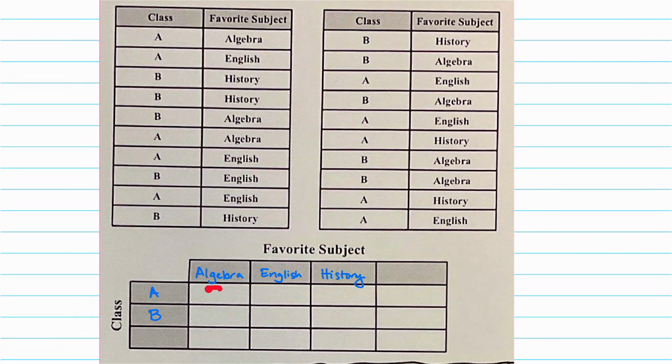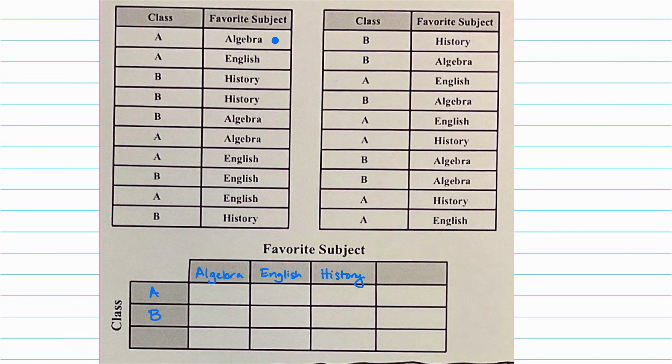All right, this first part's going to be pretty easy. On this box right here, notice that this box is a cross section between those that are algebra and have class A. So I'm going to look for all the ones that have algebra and that have class A. So every time I see that, I'm going to go ahead and mark it. For example, the first one has algebra and is coming from class A, so I'm going to mark it with a dot. This is class A, but it's not algebra, so I'm not going to mark that one. Definitely not this one. Definitely not this one.